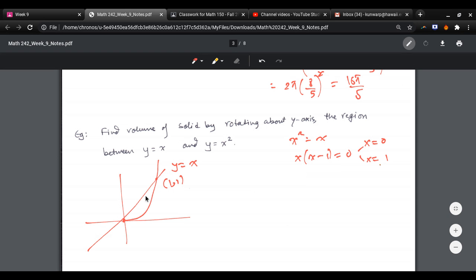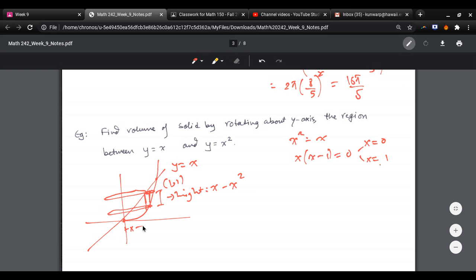Now, if I consider a shell, this is what is happening, it's being rotated. Sorry, my diagram is not very nice. But the height here is actually going to be x minus x squared.